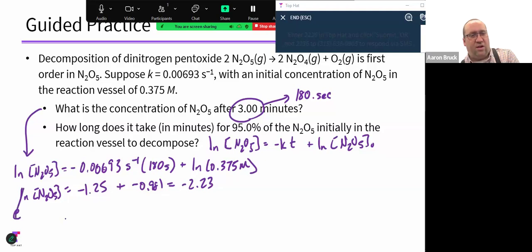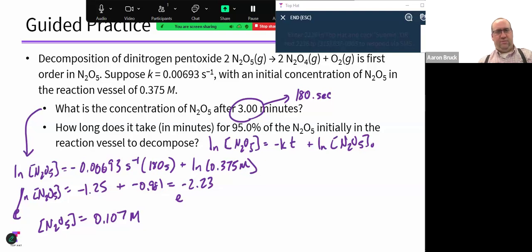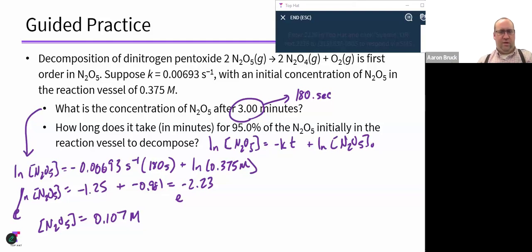So e to the natural log cancels out. e to the negative 2.23, to 3 significant figures, is 0.107. Okay, so that's the first one.